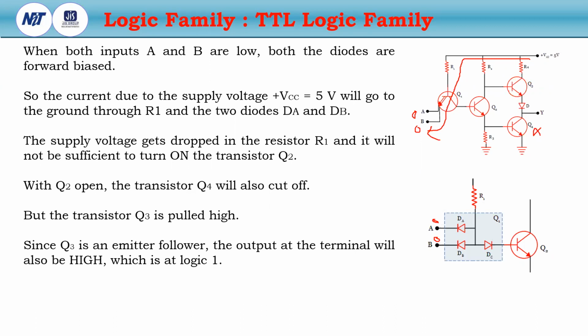So VB voltage is greater than 0.7 volt. So this is the turn on. So the current will flow like this. Okay. So Q3 is in an emitter follower circuit. So the output terminal will be logic high.